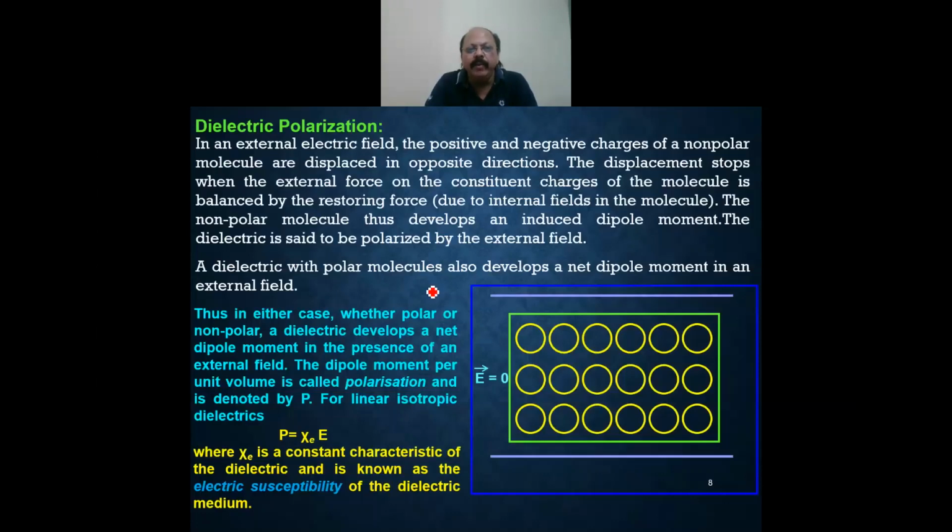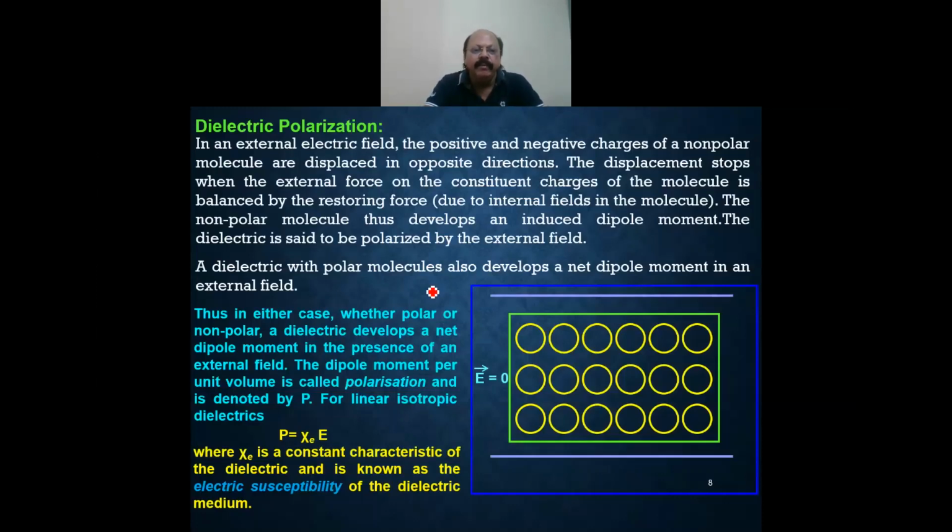The dipole moment per unit volume is called polarization, and it is denoted by capital P. For a linear isotropic dielectric, polarization, that is, dipole moment per unit volume, is directly proportional to the electric field.